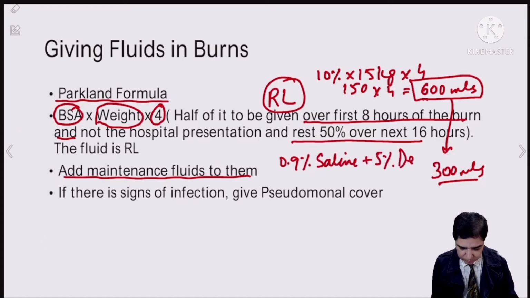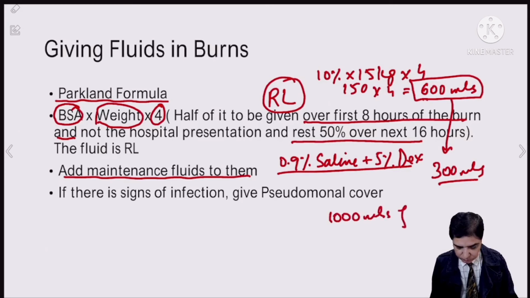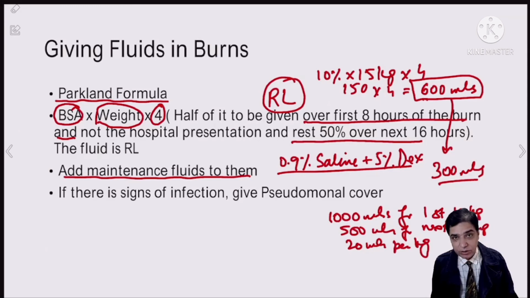And you know that maintenance fluid is given as 1000 mils for the first 10 kg, or in other words 100 mils per kg for the first 10 kg. Then it is 500 mils for the next 10 kg, or simply 50 mils per kg for the next 10, and 20 mils per kg for every kilogram above 20. That is how you would calculate.